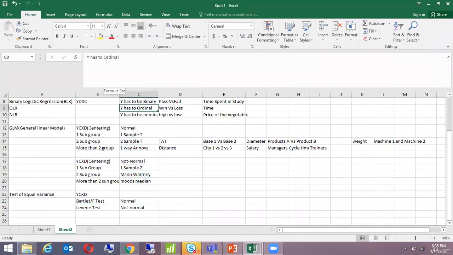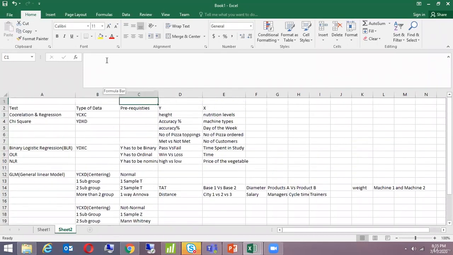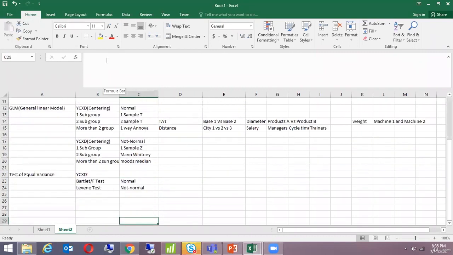Is it clear to all of you? These are the different combinations that we have. Apart from that, we would also be using a two proportion test. This test has both Y and X discrete, which is numbers.